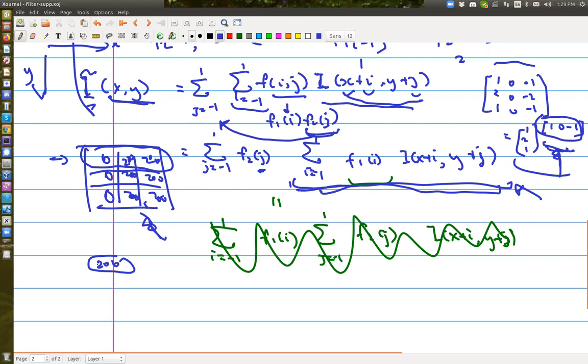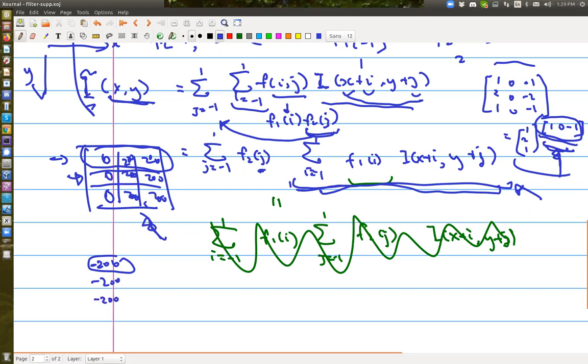Actually minus 200, right? And the second row, applying the same filter, I will also get minus 200, and applying to the third row, it will be minus 200 again.